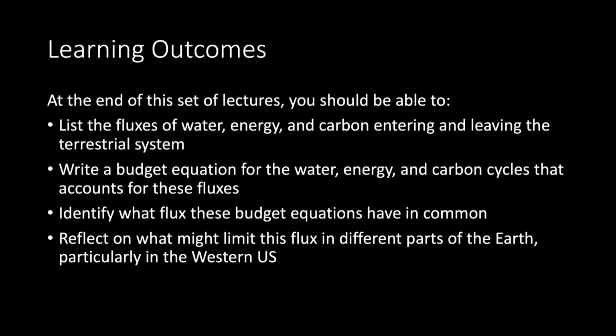You should be able to identify the flux in these budget equations that links all of these budget equations. And finally, you should be able to reflect on what might limit this particular flux in different parts of the Earth, with a specific emphasis on the Western United States.